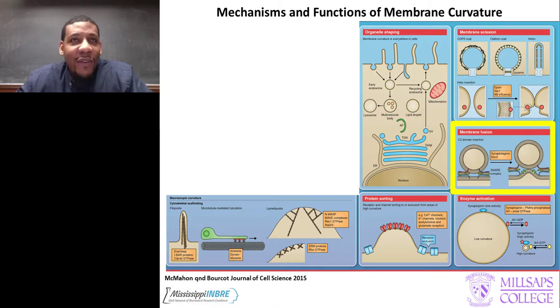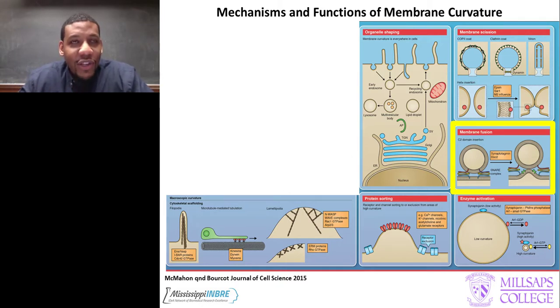Depending on the physiological function of the cell, those shape changes can be pretty diverse. If you're a lymphocyte and you need to travel to a site of infection, the cell morphology has to change completely to facilitate the migration of that cell. Membrane curvature is going to underlie the shape change that underlies the movement of that cell.